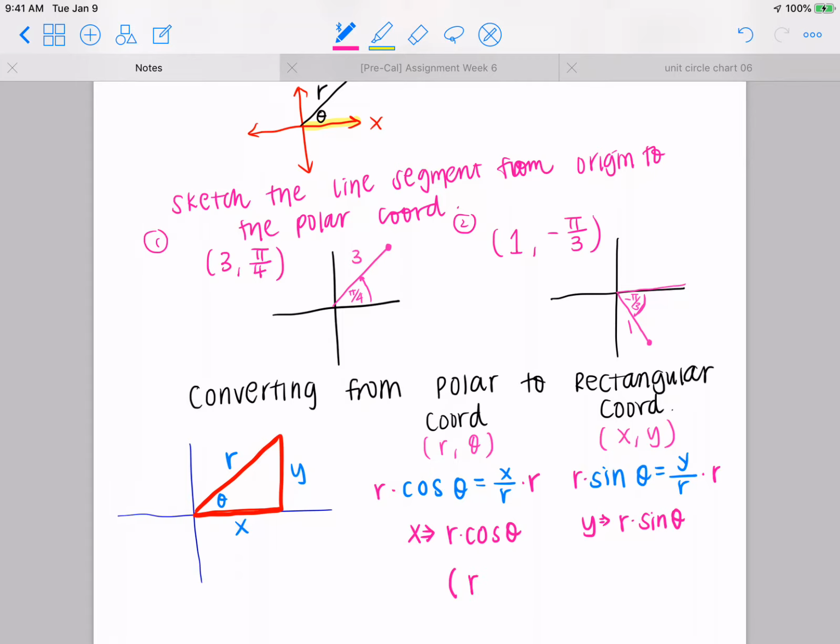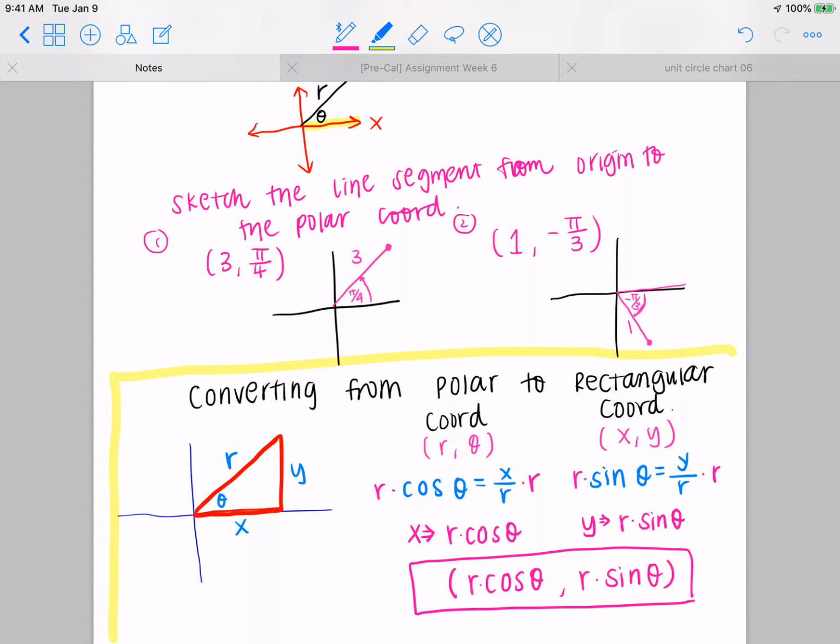So r cosine theta, comma, r sine theta is our big formula. I'm going to do a big box around this.